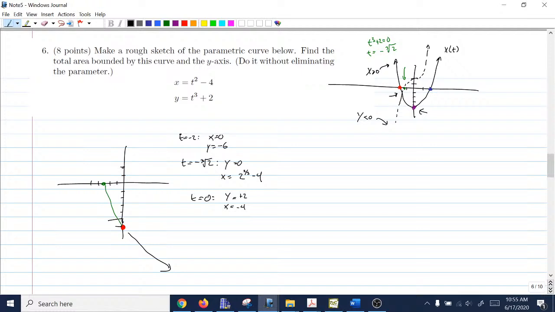The significance of this point is this is where my x's stop decreasing. So this is the purple point. My y's are still increasing, but my x's switch to decreasing, something like that.